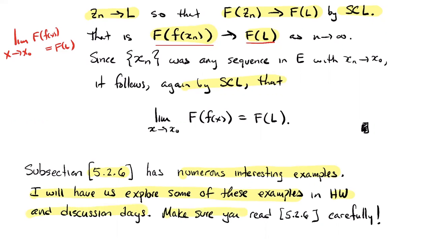But I would strongly recommend you, so strongly that I'll highlight it in two different colors, to read through the examples in section 5.26 very carefully, because here I've stuck to polynomial examples, absolute value examples, and so on. There are some functions in there that are a little bit more interesting.